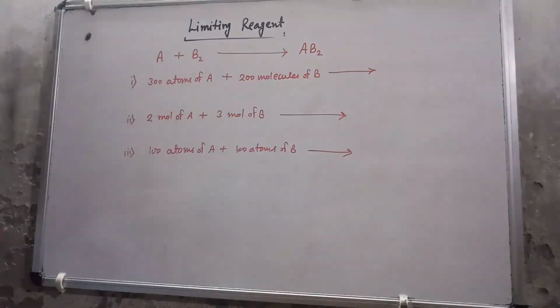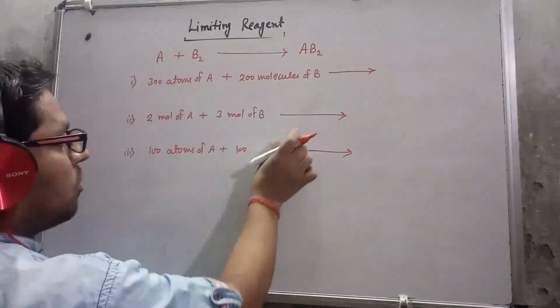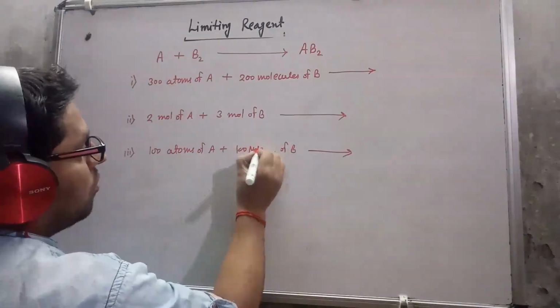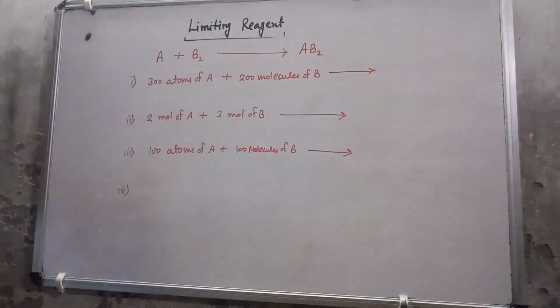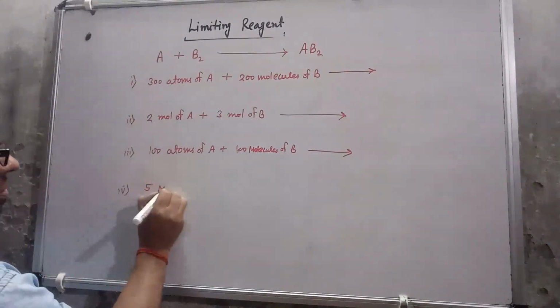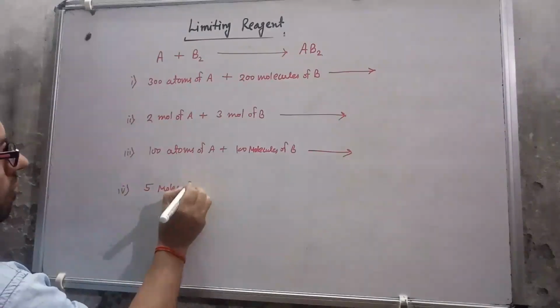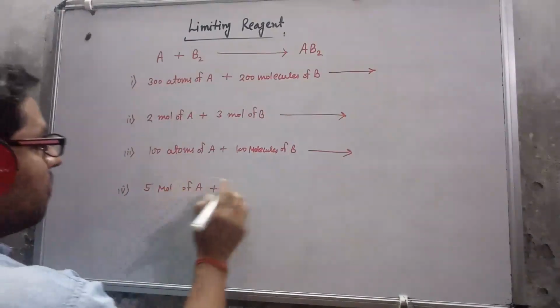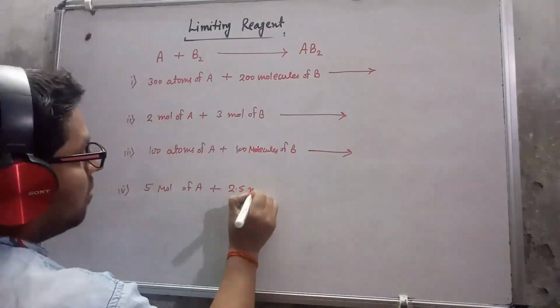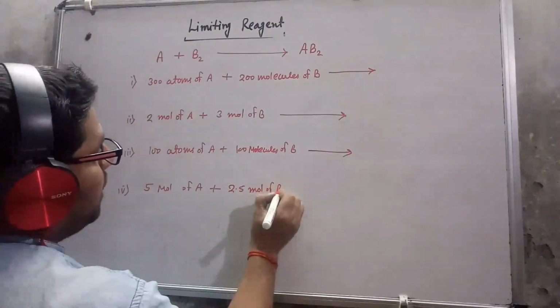After that, this is not atom, this is molecule, 100 molecules. Fourth point, suppose 5 moles of A combined with 2.5 mole of B.